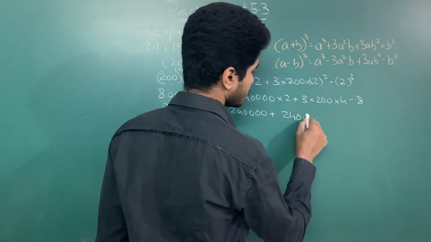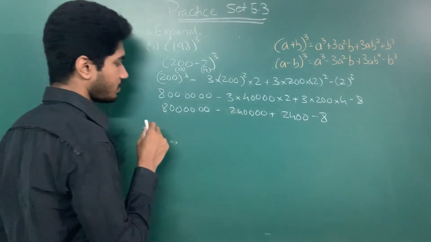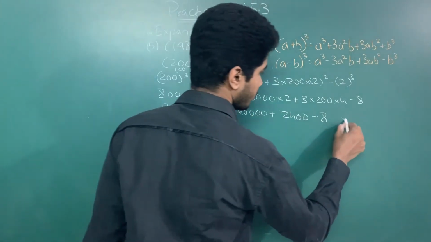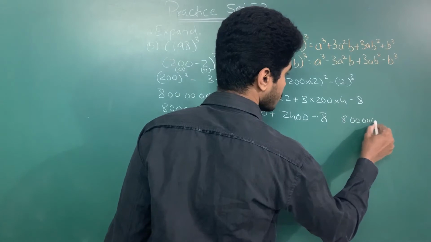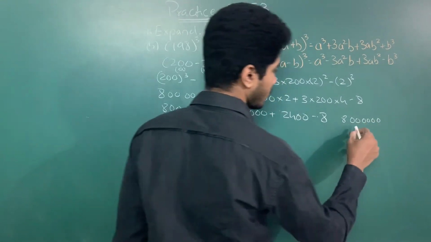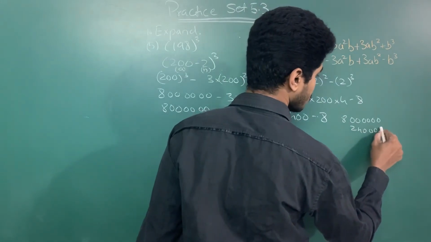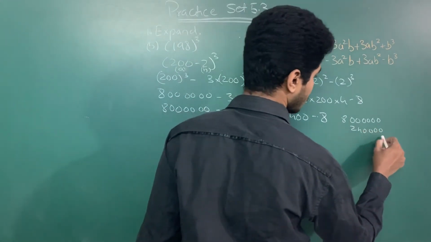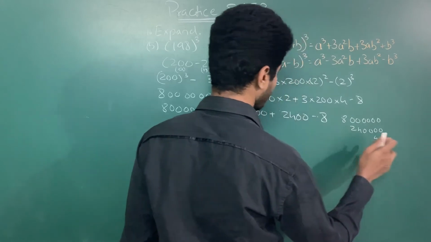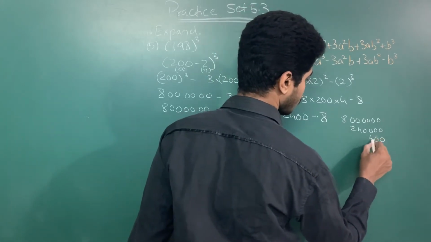So this we get as 0 minus 8. Now let's subtract this. So we'll write it over here, 8 with 6 zeros, then 24 with 4 zeros, then 0 4, sorry that's double zeros, 4 2.